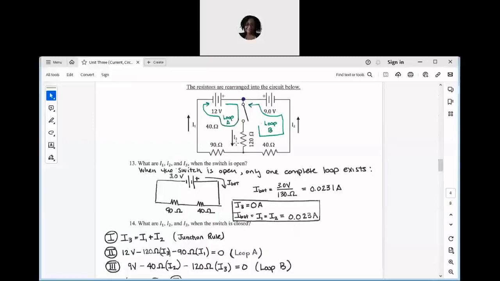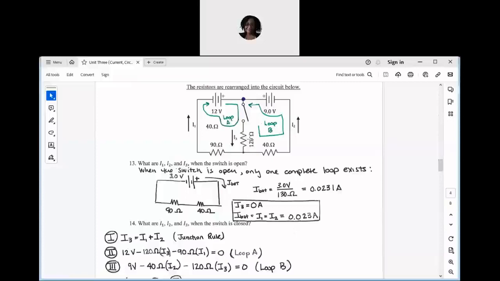And just as a reminder, in order to determine whether you need to add or subtract these potential differences, take a look at the direction of the current and how it compares to the direction that you've chosen to work through the loop. If the directions agree with each other, it's going to be a negative.